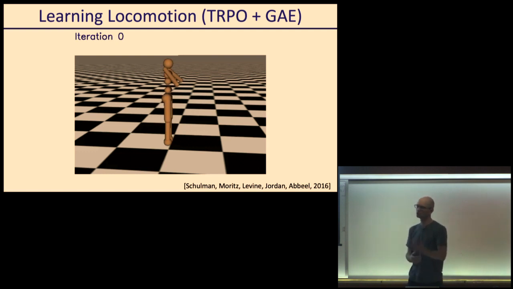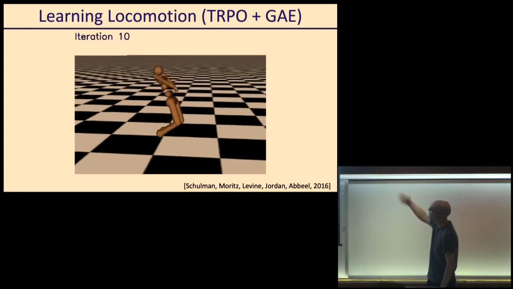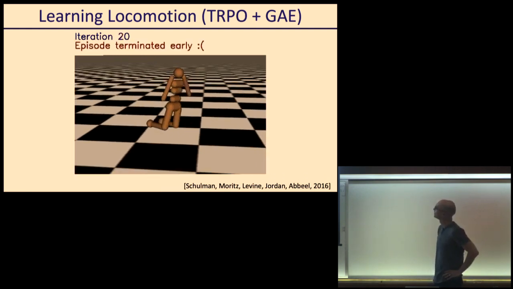Keep the minus value function, but the sum over future rewards is replaced by an exponentially weighted average between the sum over all future rewards and the bootstrapped versions: immediate reward plus value, immediate reward plus next reward plus value, and so forth. Exponentially averaging those gives a much more stable and sample efficient estimate of the advantage function, and allowed us to get the first results on a much higher dimensional problem like humanoid.